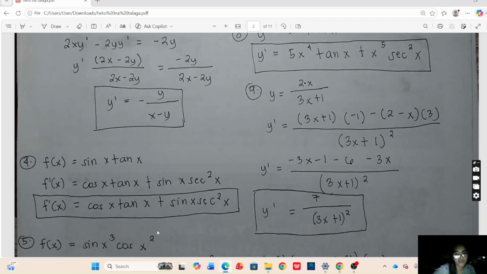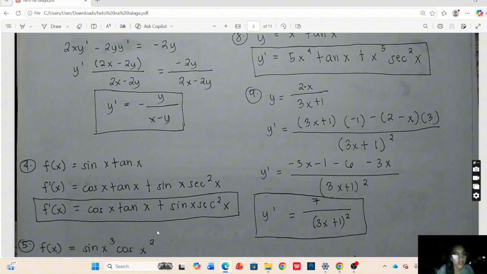Now problem number 4. f of x is equal to sin x multiplied by tangent x. Because the function is a product of two expressions, we apply the product rule, which is u dv plus v du.